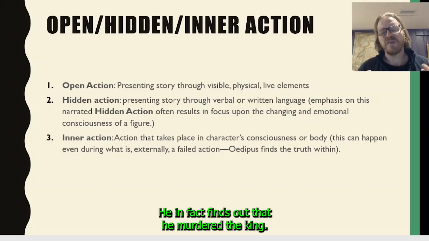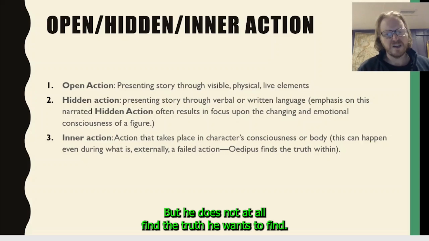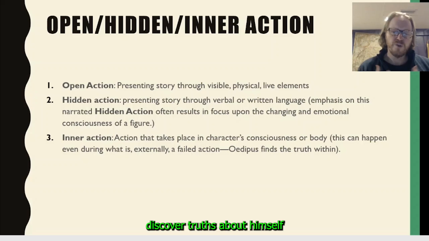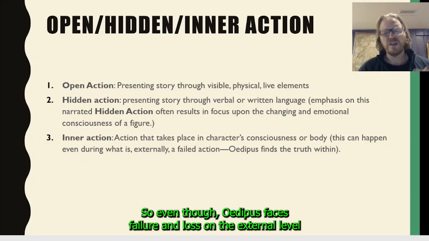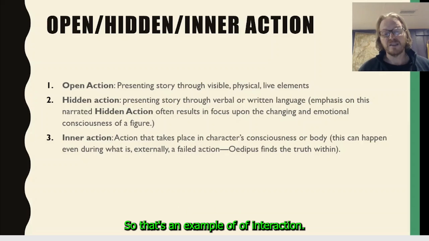He, in fact, finds out that he murdered the king. So he's looking for a truth, but he does not at all find the truth he wants to find. And so that's failed. That's a failed event. But he does discover truths about himself spiritually and emotionally, and that is an example of an interaction. So even though Oedipus faces failure and loss on the external level of action, on the inner level he gains wisdom and insight. So that's an example of interaction.